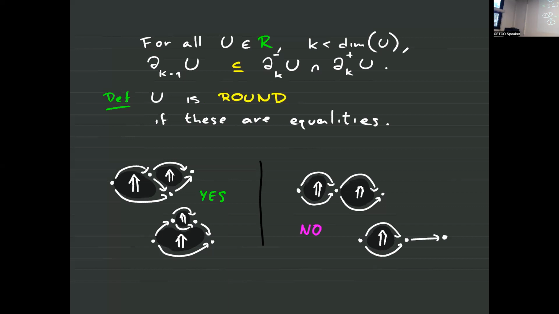So the intersection contains 3 points, right? Yeah, the intersection contains 3 points, but the zero-dimensional boundary is only 2 points. But then the inclusion is satisfied. No, I'm saying roundness means that the opposite inclusion is satisfied too. They need to all be equalities.